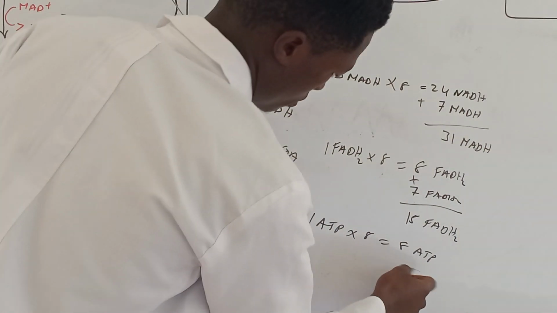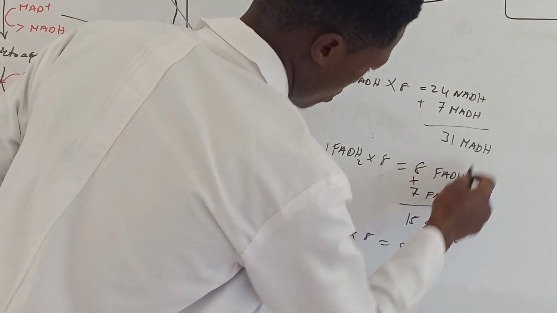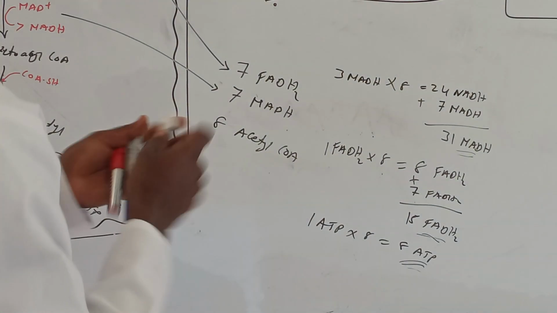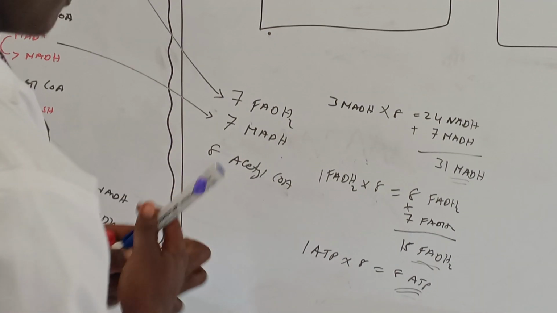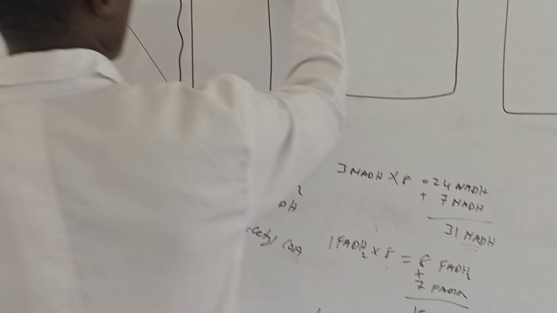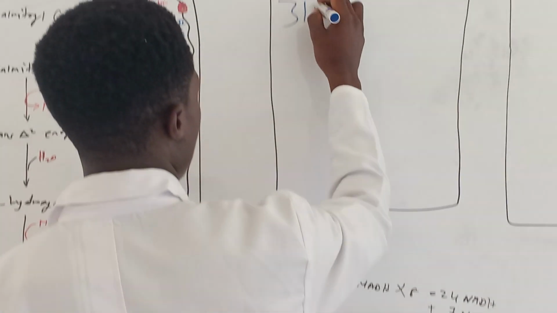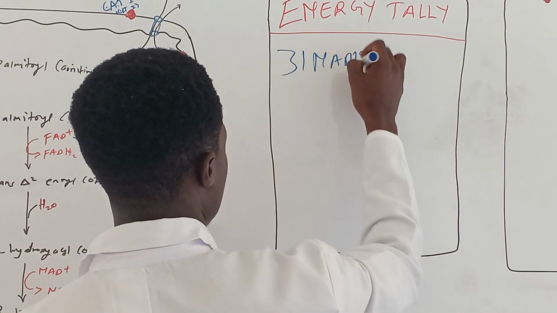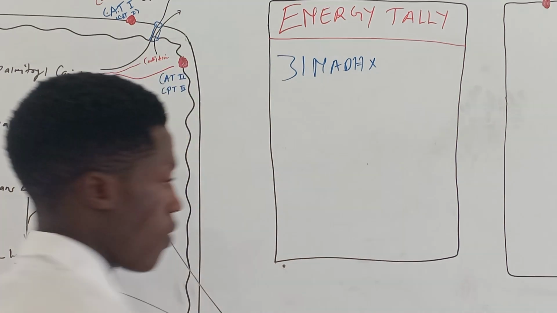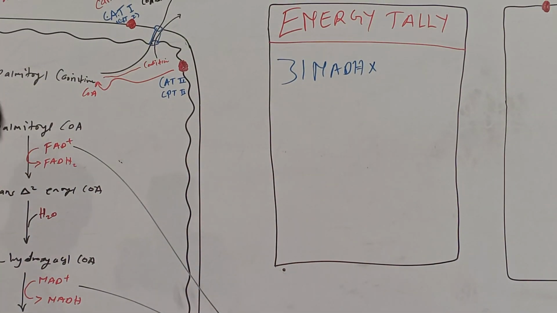Alright. Now, let's come to the energy tally and input those values. So we have 31 NADH.